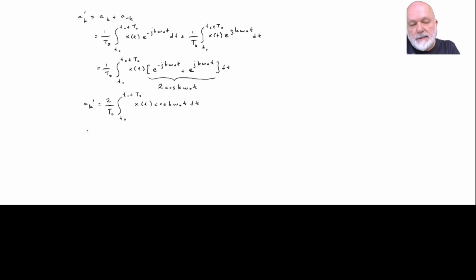Now similarly, we can write the coefficients of the sine signals. ak double prime is equal to j times ak minus a minus k.